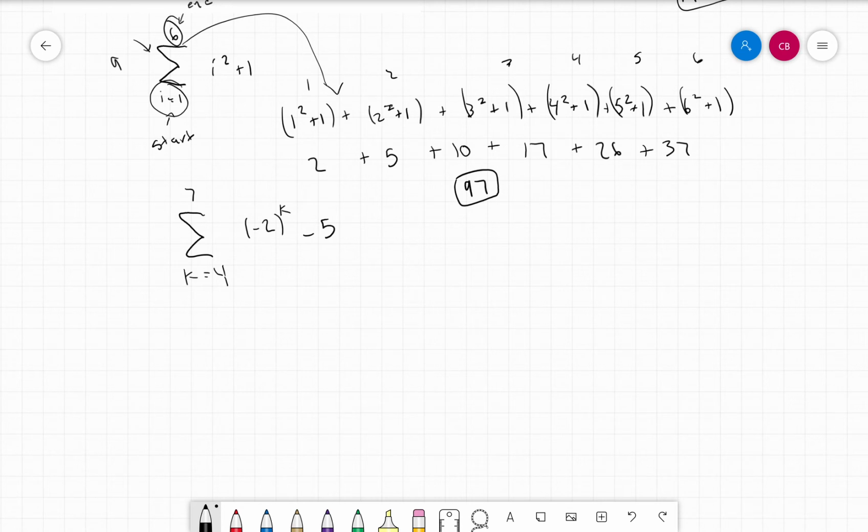So what we can do is write this as, and I just want to show you this, it's useful if you have to do pre-calculus or something: the sum from k equals 4 to 7 of negative 2 to the k, plus negative 5 times the sum from k equals 4 to 7 of 1.